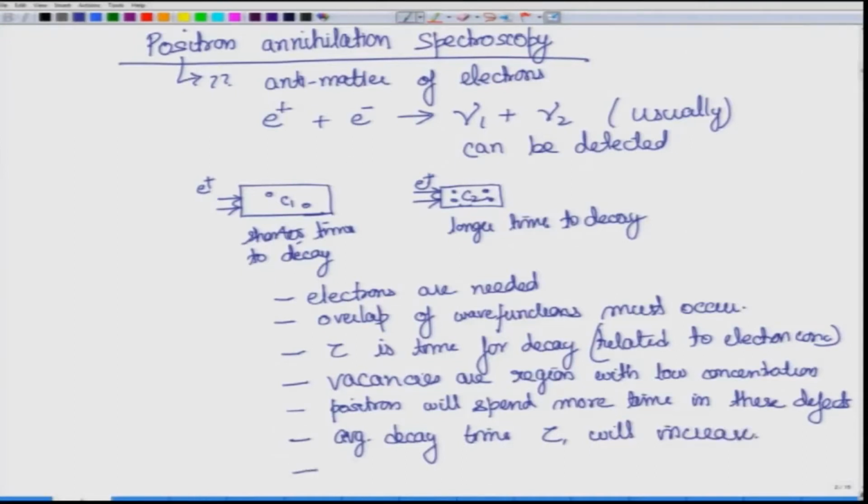And you can have a simple model to relate tau with concentration of vacancies. We will look at this simple model that we have that can be easily formulated. So, let us go to this simple model.